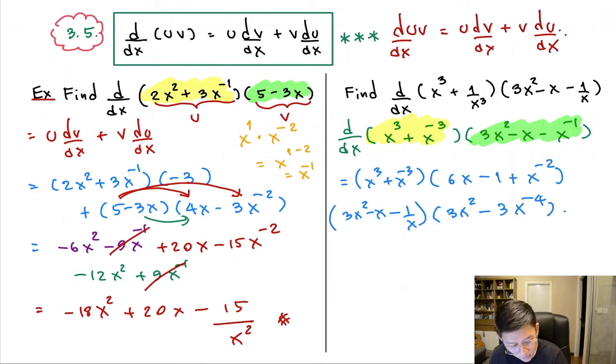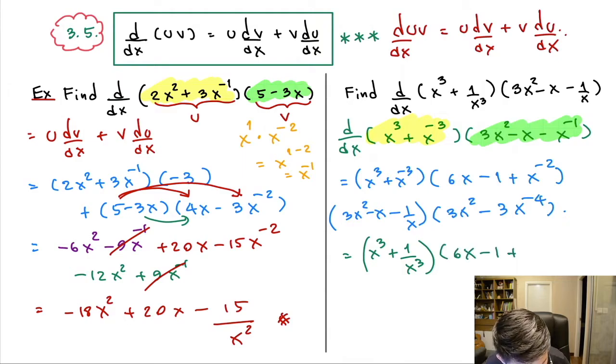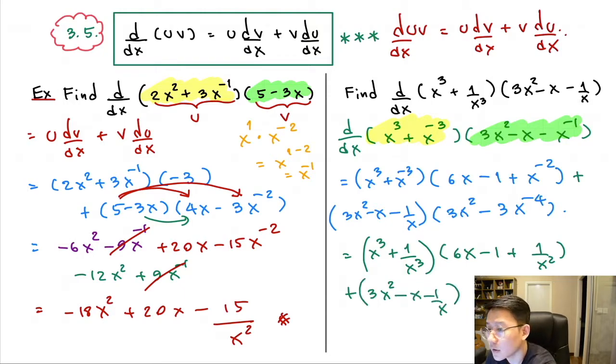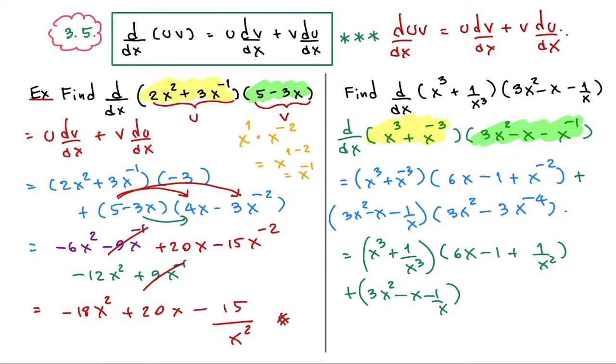So, it is x cubed plus 1 over x cubed, times 6x minus 1 plus 1 over x squared, plus, oh, we have plus here, sorry, plus 3x squared minus x minus 1 over x, times 3x squared minus 3 divided by x to the power of 4.